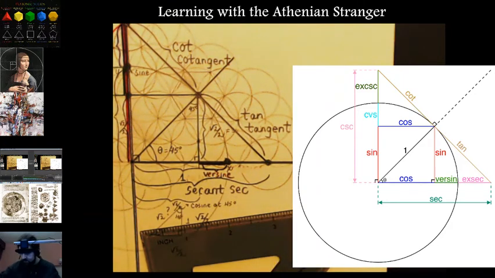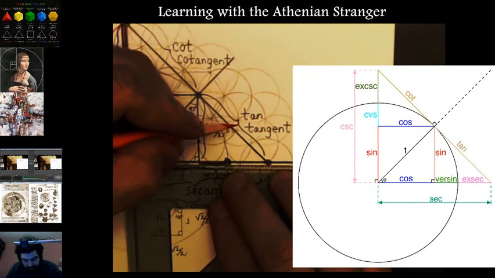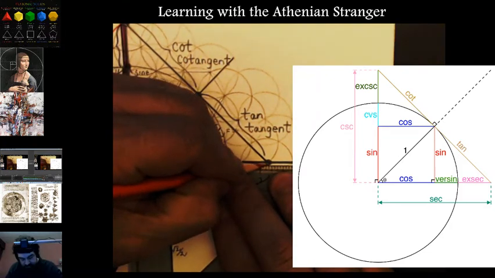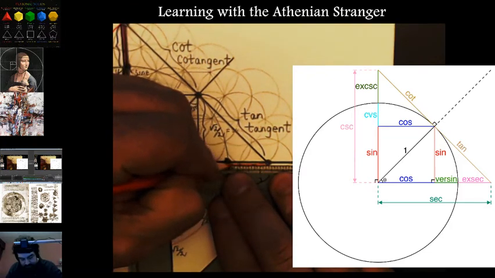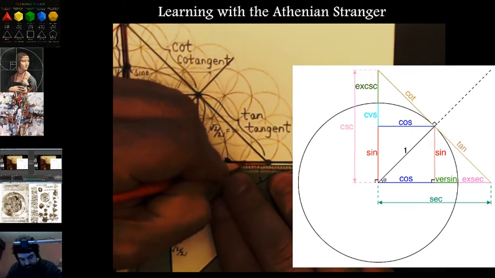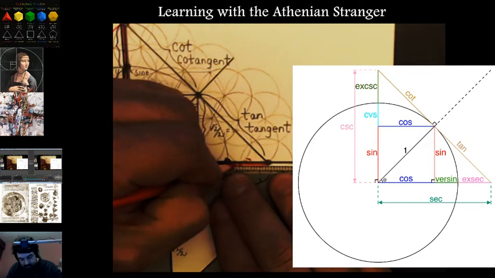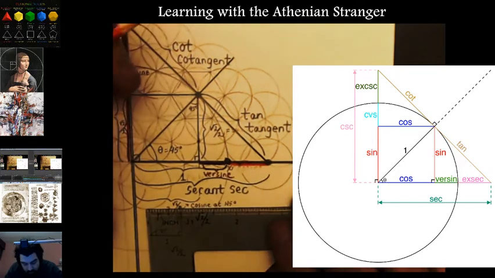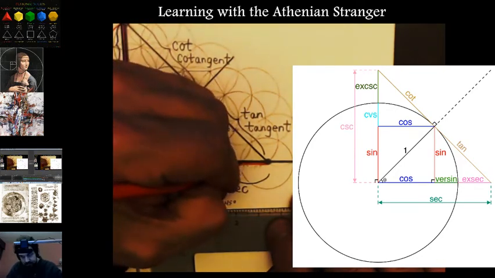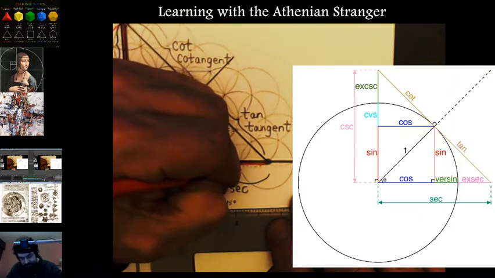I haven't used orange yet, so we'll use orange here. This is the x secant.